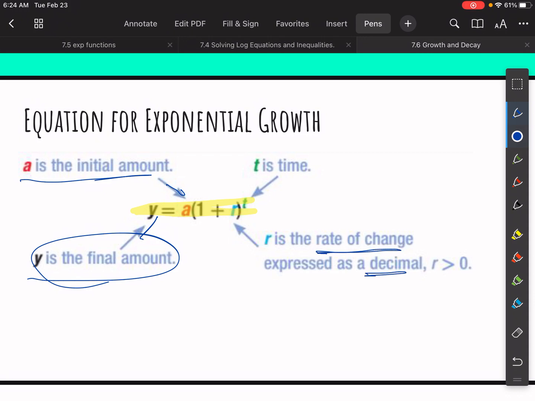So if I say like 5%, R then would be equal to 0.05. You have to write the percentage as a decimal by moving the decimal 2 places to the left. Okay, so just don't forget that. And then T is always going to be time. Typically time is in years, but it depends on what we're talking about. So that's the equation for exponential growth.